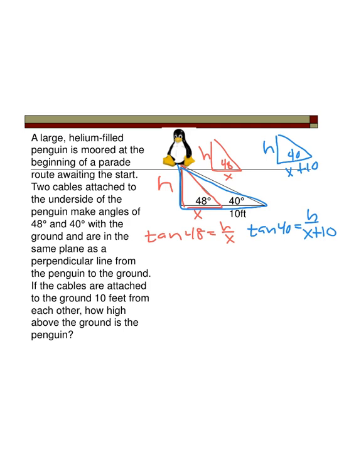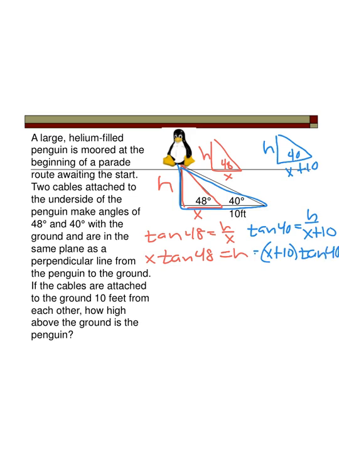What I can do with each one of these is get h by itself by multiplying each expression by its own denominator. So what I mean is I get x times the tangent of 48, which is equal to h. And that's going to equal x plus 10 times the tangent of 40.